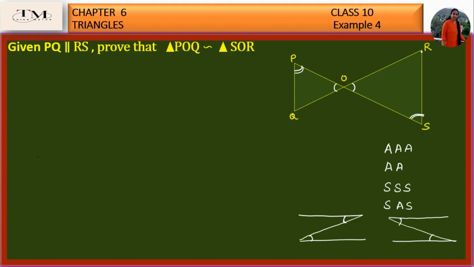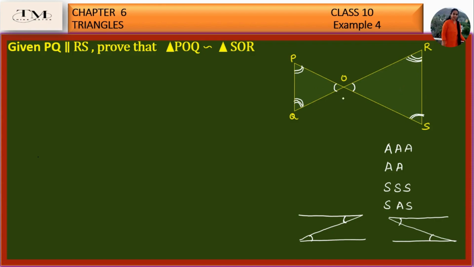Suppose QR is the transversal line, then angle Q will be equal to angle R because alternate interior angles are equal. So what we got? Three angles are equal. Then automatically triangle POQ and triangle SOR will be similar.